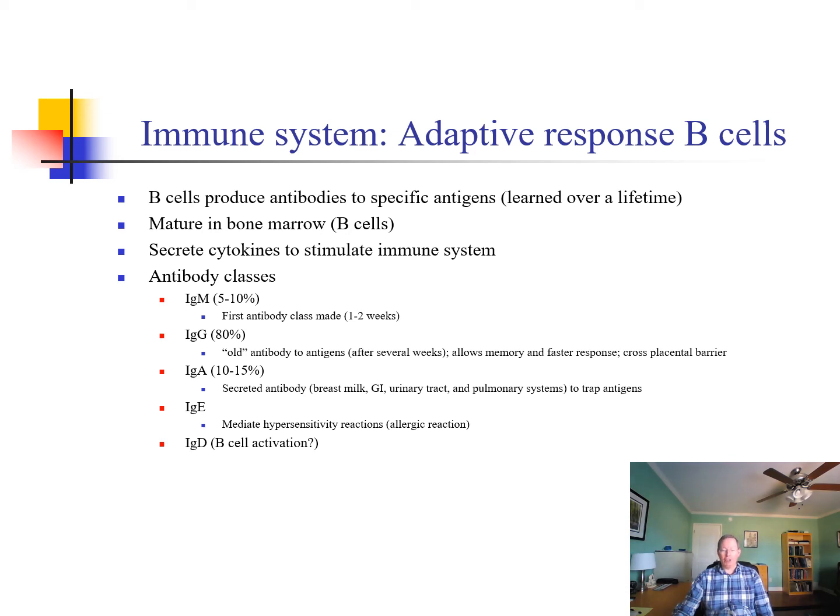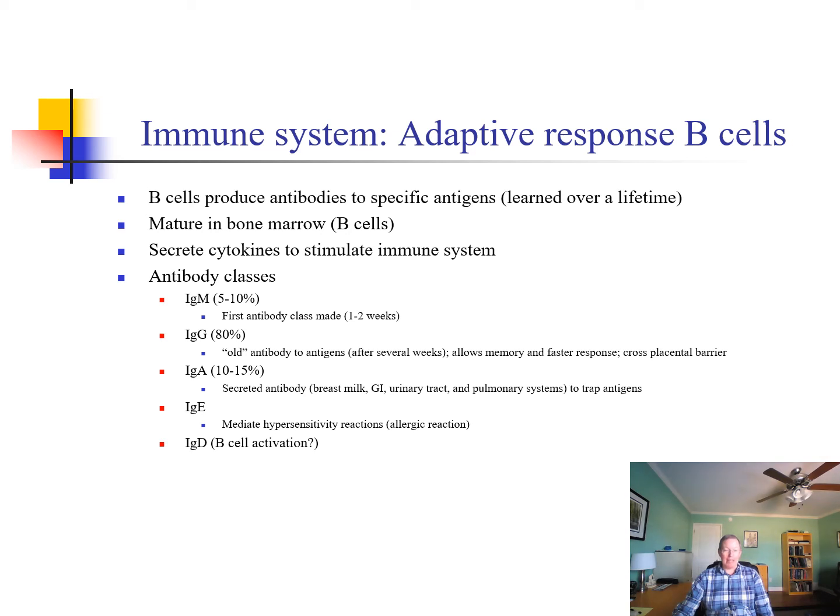Now, the IgM molecules will then convert into IgG antibodies. And these are the antibodies to antigens that have been exposed to your body before. It could be from a vaccination, it can be from prior disease. And then that allows for a faster memory response.